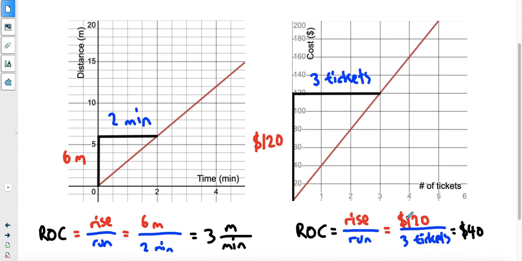And the units are dollars per ticket, because that's what we are dividing here. So just to summarize, to find the rate of change, we take the rise and divide it by the run.